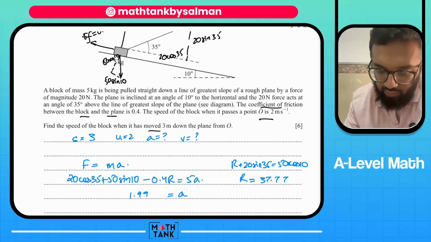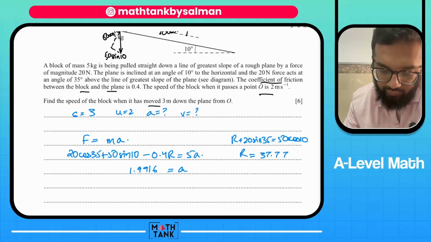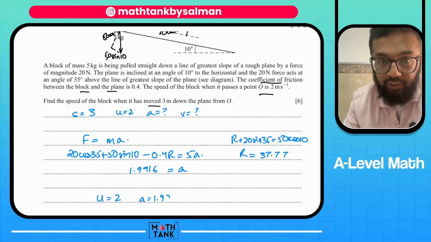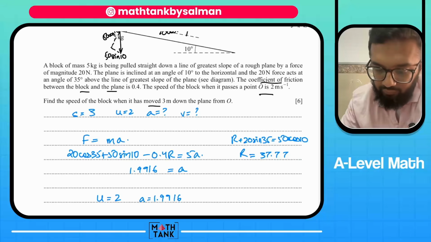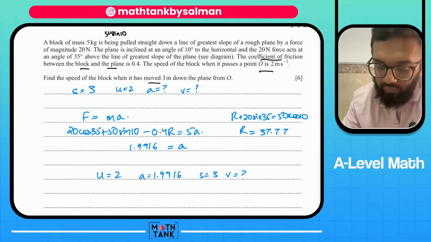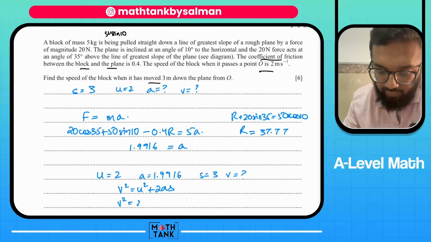So u is 2, a is 1.9916, s is 3. I want to figure out v. v square equals u square plus 2as. v square, 2 square, s is 3.